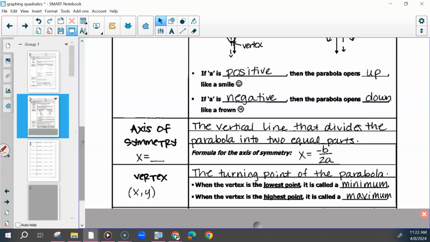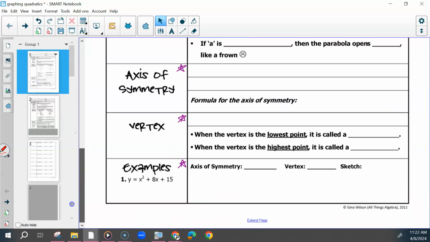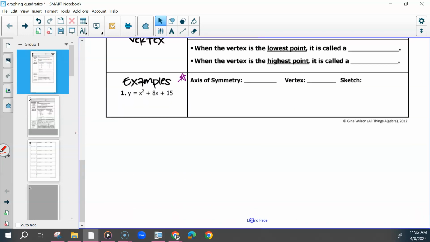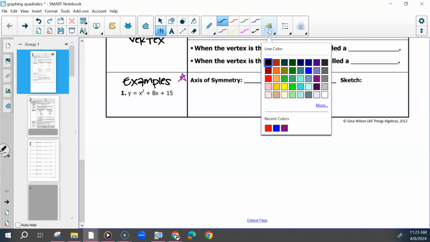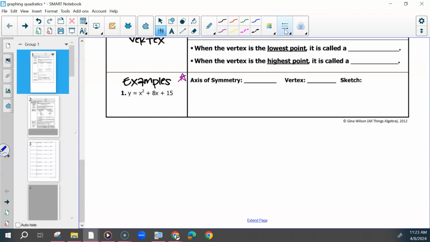Alright, so we're going to start at number 1. Same page. I'm going to walk you through how to find the axis of symmetry, how to find the vertex, and then we're going to draw a rough sketch of this. I'm going to rewrite our x equals negative b over 2a. If this helps you, label these numbers as a, b, and c. A is the number in front of x squared.